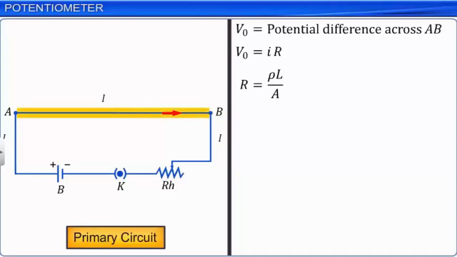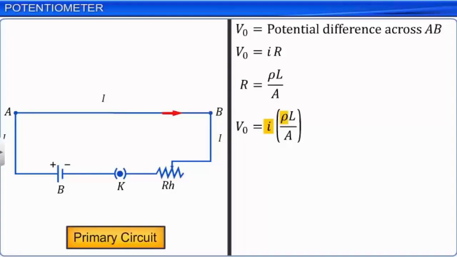Thus, the potential drop V0 is equal to I into rho L by A. Here, I is constant as already discussed. The resistivity of the material of the wire rho is constant. As the wire is of uniform thickness, the area of cross-section of the wire A is constant.